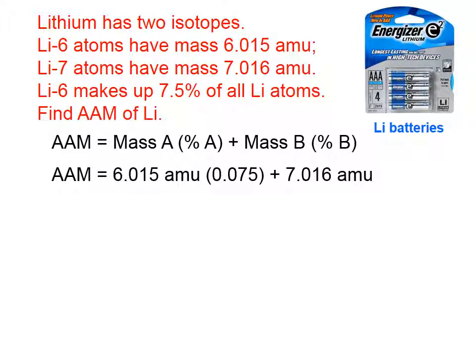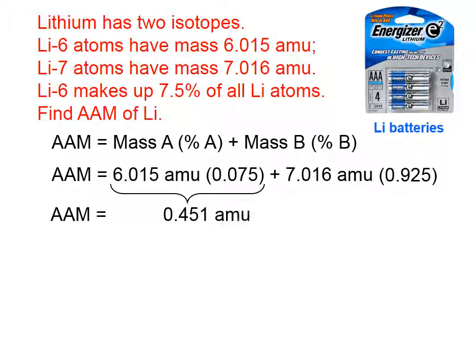But if there are only 2 isotopes and one of them is 7.5%, then the other must be 92.5%. Sometimes information like that is deliberately left off because whoever's asking the question is hoping that you will think and figure out that if one isotope is 7.5% abundant, then the other must be 92.5%, because those two must add to be 100.